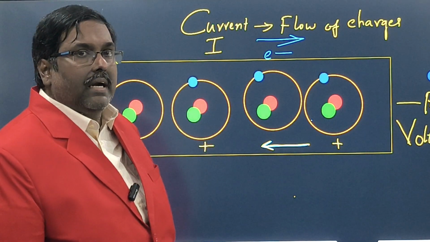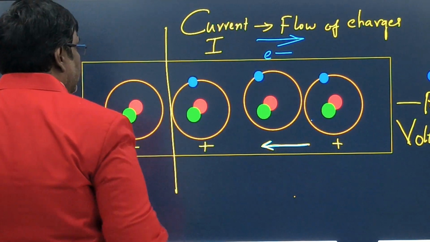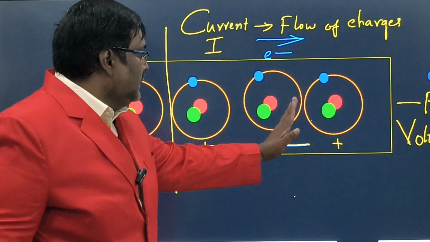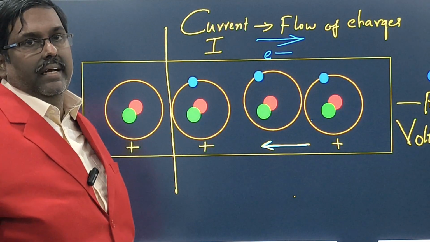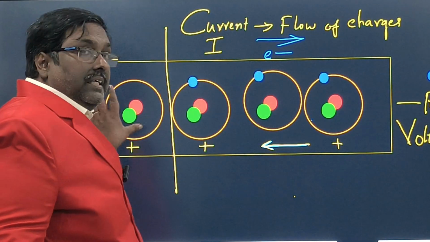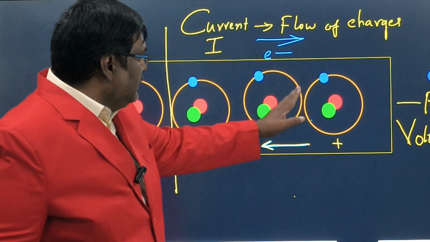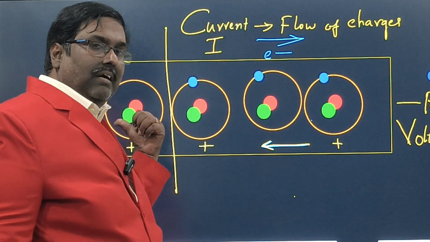Now, how much current is passing through one cross section? For example, this is one cross section. How many charges pass through this in 1 second? One electron passing this side means one charge passing the left side.